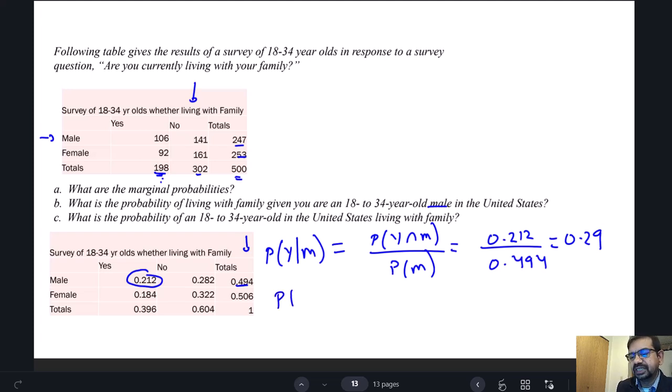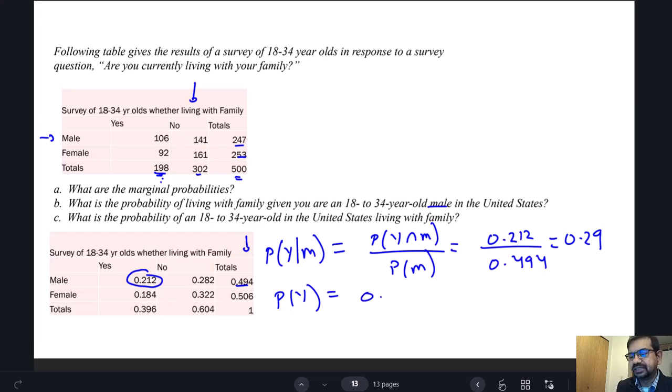And then probability someone, so probability of an 18 to 34-year-old living in the United States with family, it just asks for probability of yes. So here we would look at the marginal probability, and yes is 0.396.